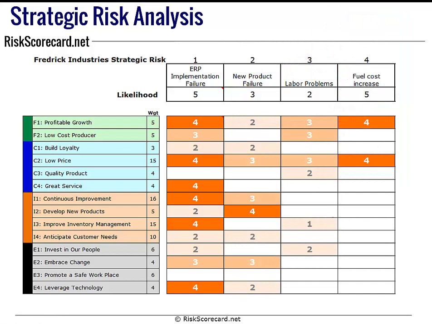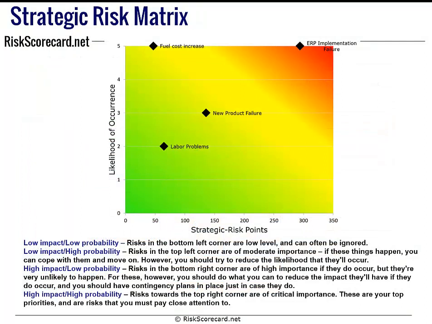And as you score all the risks, you can begin to get some visibility of where that risk is occurring. In fact, you can plot this in the traditional risk scatter diagram. On the left, we'll chart the risk likelihood, and across the bottom, we'll list the risk strategy points, so a multiplication of the risk impact times the strategic objective weighting.